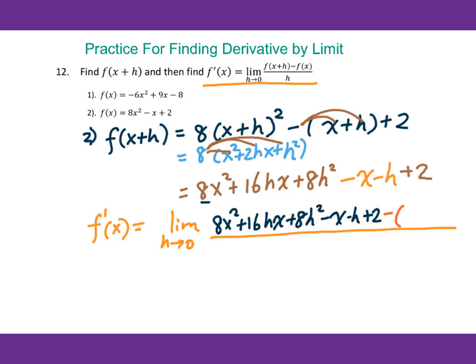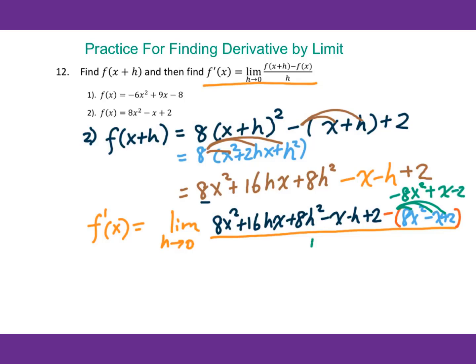Minus, don't forget this parentheses, f of x, that is 8x squared minus x plus 2. Then we got to do distributive property here. We got negative 8x squared plus x minus 2.